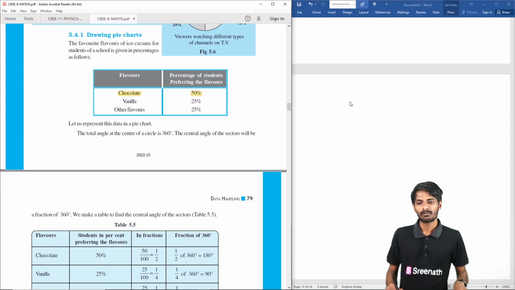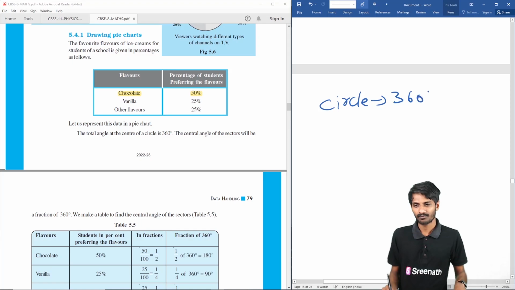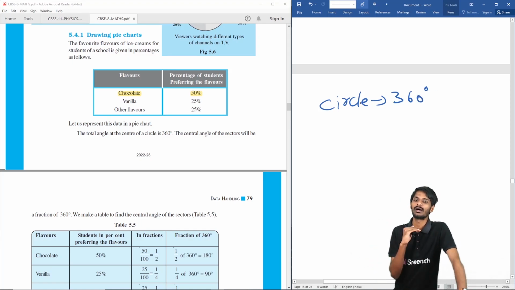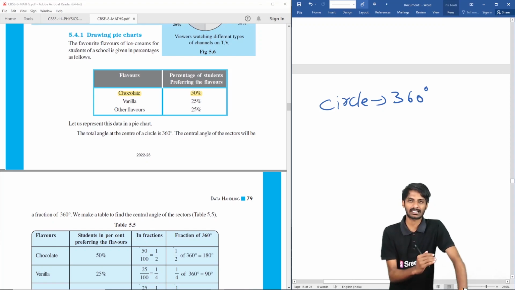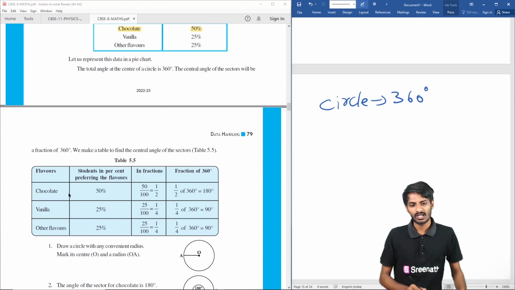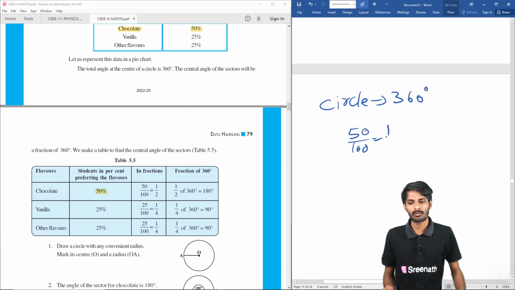A circle contains 360 degrees of angle, which is the whole, out of which we have to give each sector some angle according to these values, friends. For chocolate it is 50% of students. 50% means 50 by 100, which is 1 by 2.